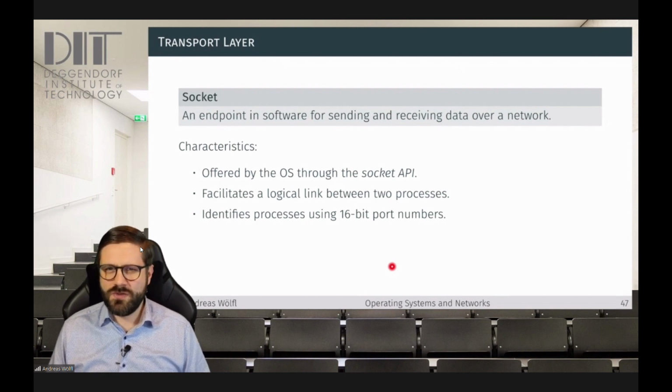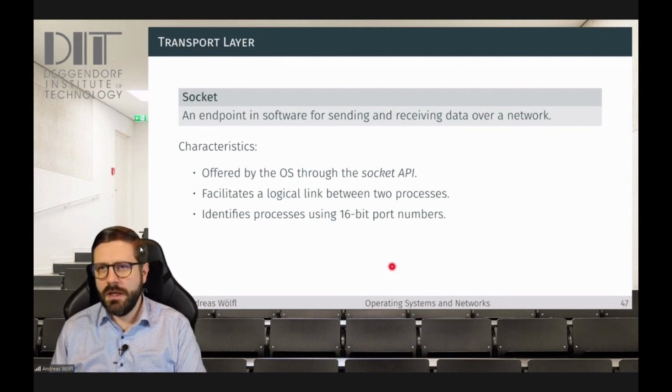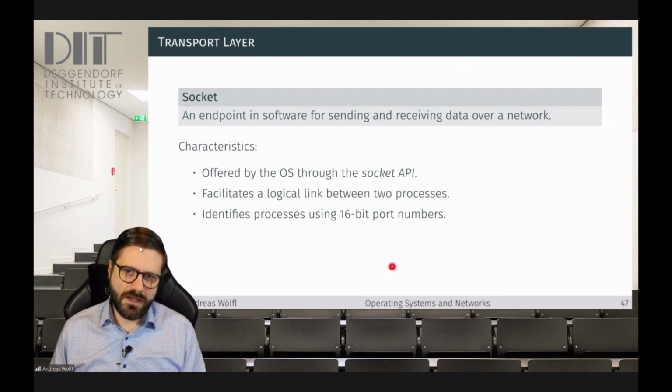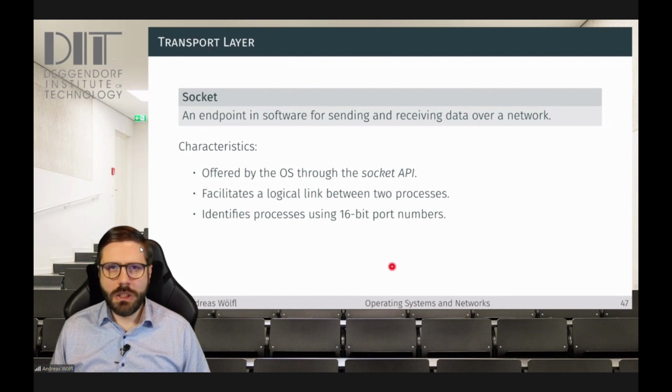We have stumbled over these port numbers already. These are 16-bit port numbers. For example, HTTP protocol, port 80. HTTPS uses port 443. DNS uses, what is the DNS port? 53? Yeah. File transfer protocol, port 21, and so on and so forth.